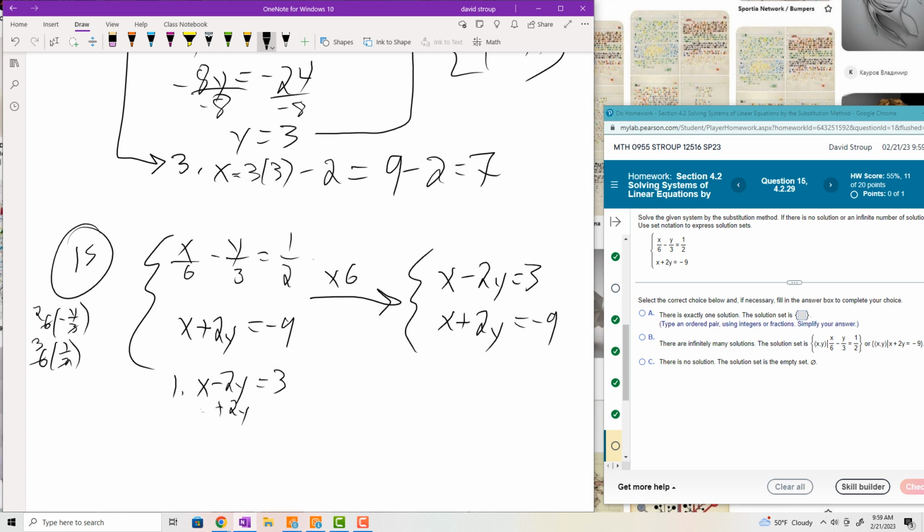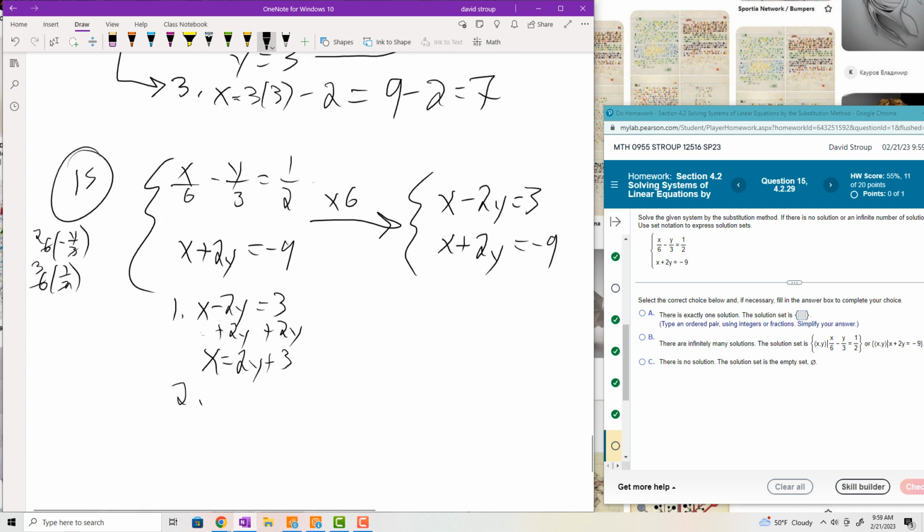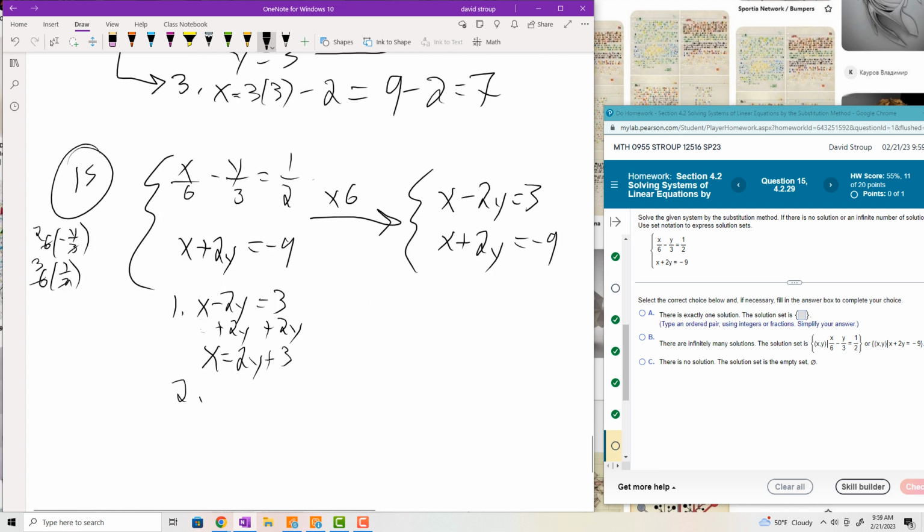So plus 2y on both sides. And then substitute that into the other equation. So the second equation, replace x with 2y plus 3. Combine like terms. Isolate your variable term.